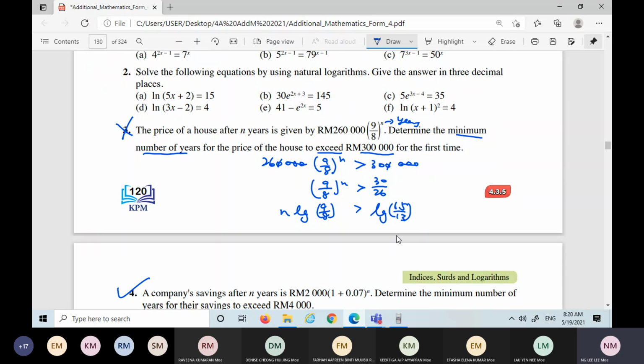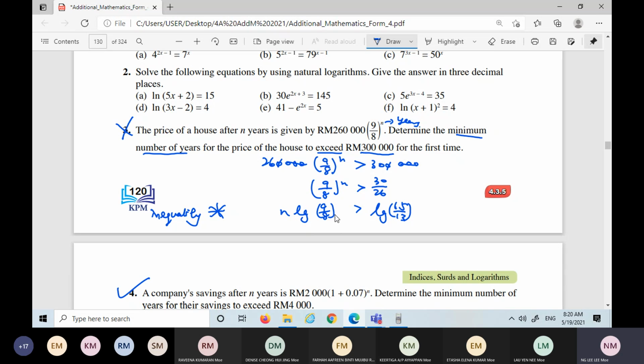After that, when you want to move the log 9 over 8 to the right hand side to divide, pay attention. Always check whatever you want to move to the other side is positive, because this is an inequality. You have to make sure of the sign.